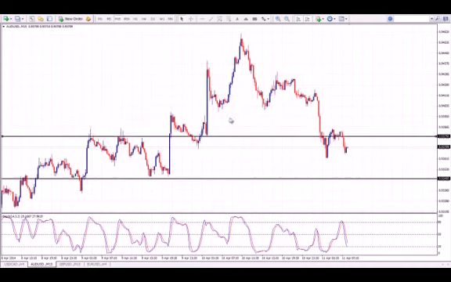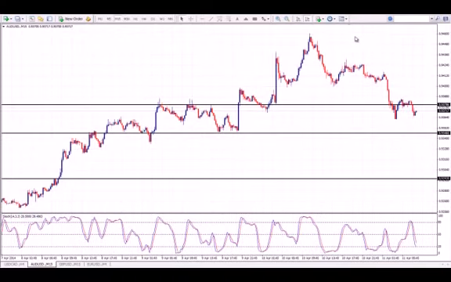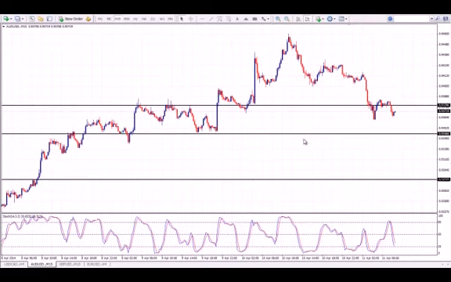Now, we have these highs right here that price broke with, and what we're going to do right now is look for the first setup that we can have with the stochastic oscillator. Okay, now what do we have here?